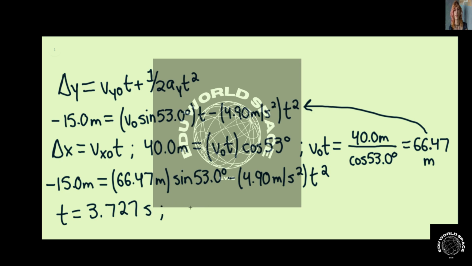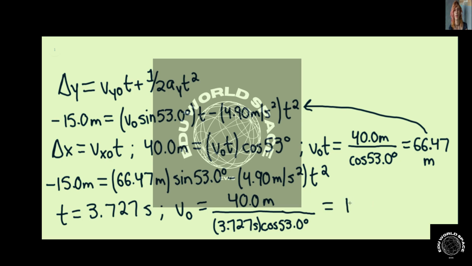So v initial would be equal to 40.0 meters divided by t, so 3.727 seconds, multiplied by cosine of 53.0 degrees again. And so v initial is found to be 17.8 meters per second.